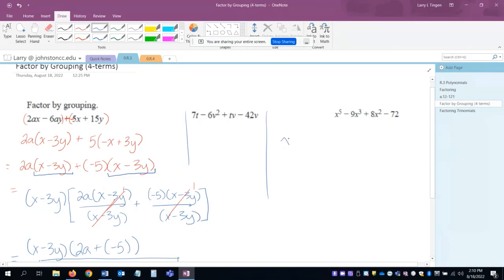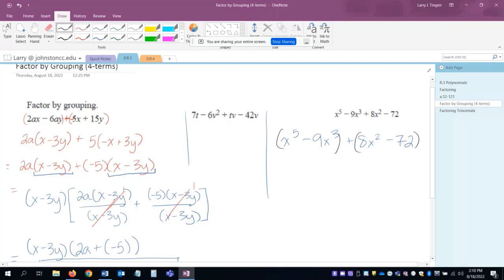So I'm not going to mess with that right now, but I do want you to see this last one before we go, because it doesn't have a subtraction sign in the middle. So I don't have to confuse you any. So in this one, I'm just, again, grouping the first two and the last two. I didn't change this to plus minus because this wasn't subtract to start with.